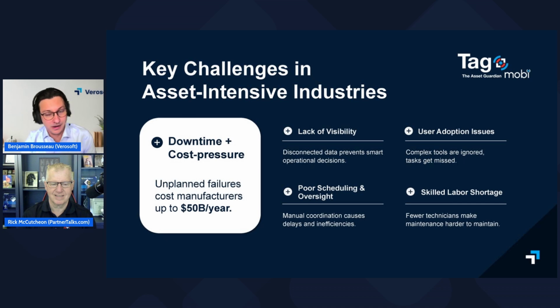However, user adoption is a big deal. Historically, maintenance systems have been complex. We've had poor adoption. So this really fuels the skilled labor shortage. Not only do we not have a lot of skilled technicians, if they're not using the tools that we put in place, you're just not getting the ROI that you need.